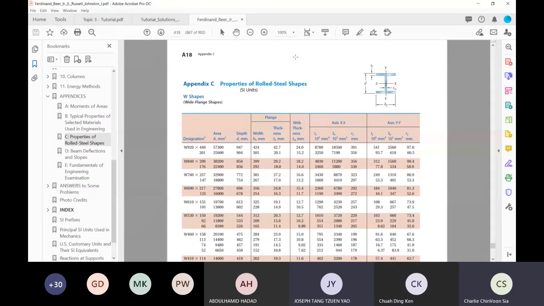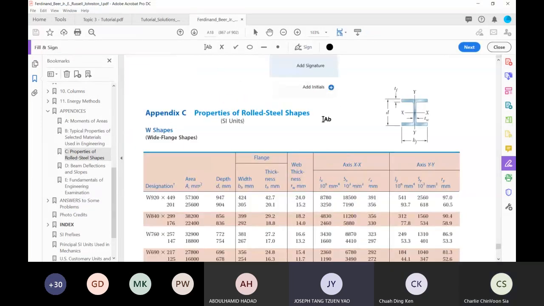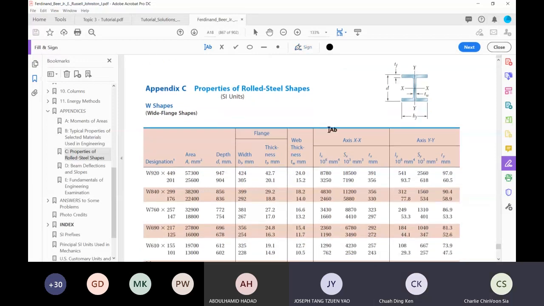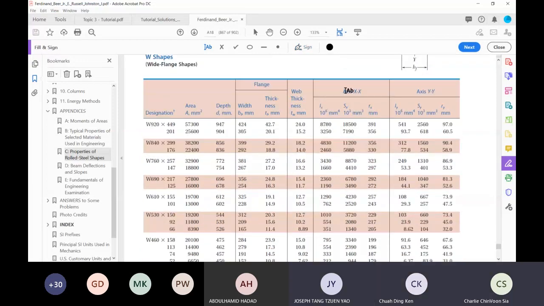So the x-axis here. Just refer to this x-axis and then Ix.